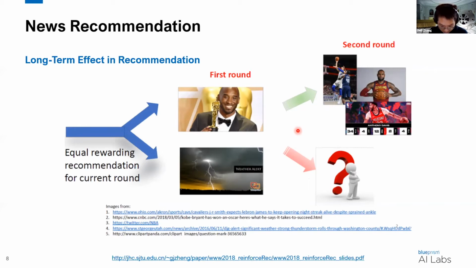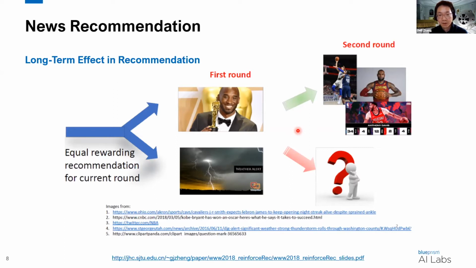So here's an example scenario. When a user requests news, the recommendation agent would forecast what news item he would like to see. And so there could be multiple news items. For example, one about Kobe Bryant, and the other is about a thunderstorm. Maybe at the current round, they have equal opportunity to be liked by the user. But what about the next round?